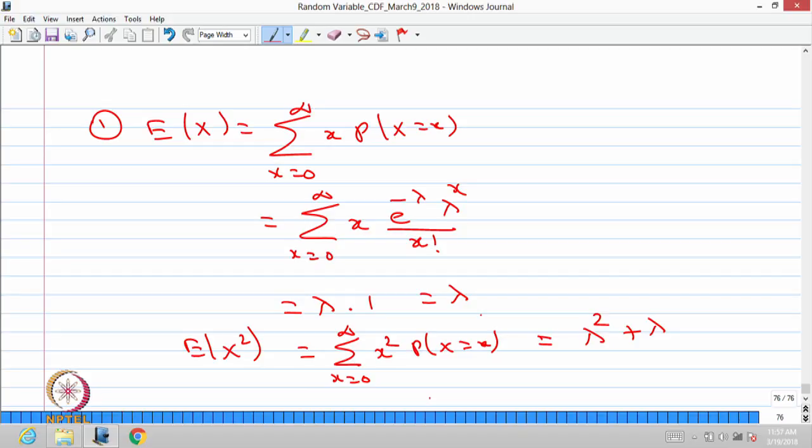If you do the little simplification by substituting probability of x equal to x, that is e power minus lambda, lambda power x by x factorial, do the simplification, you will get lambda square plus lambda.